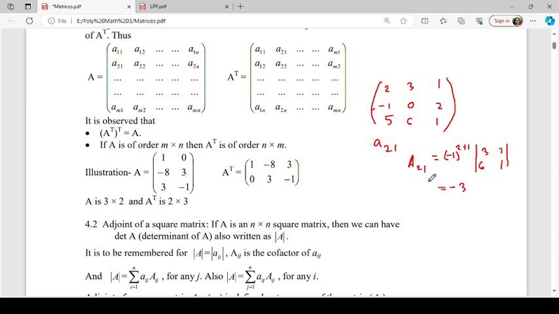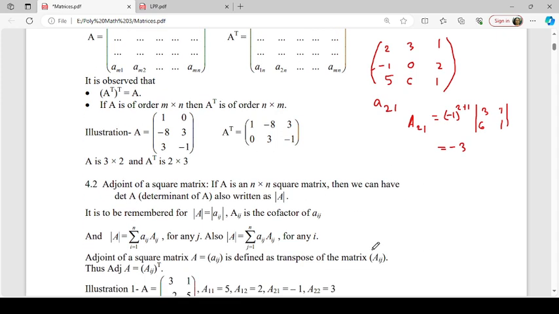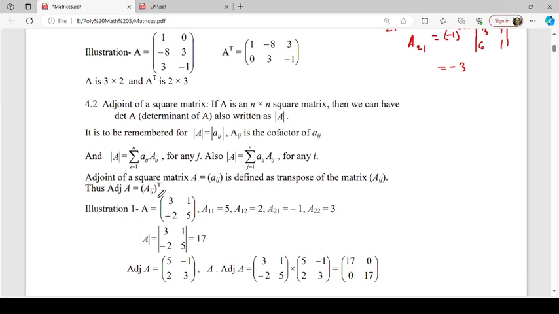So in this way we find cofactors. The determinant of A is the summation of a_ij A_ij, and the adjoint of a square matrix is defined as the transpose of the matrix of A_ij. These A_ij are the cofactors we write.